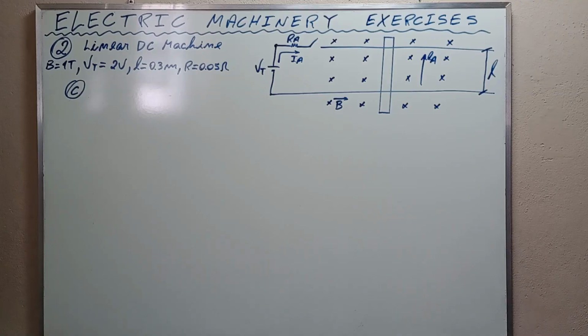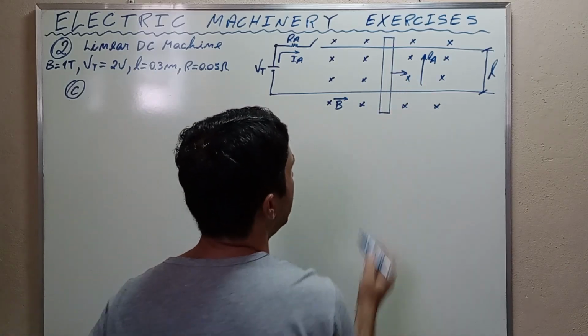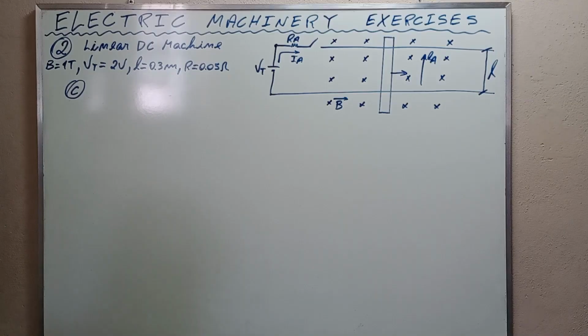With a pulling force applied to the moving bar, there's going to be a force here, a force F applied to the right.